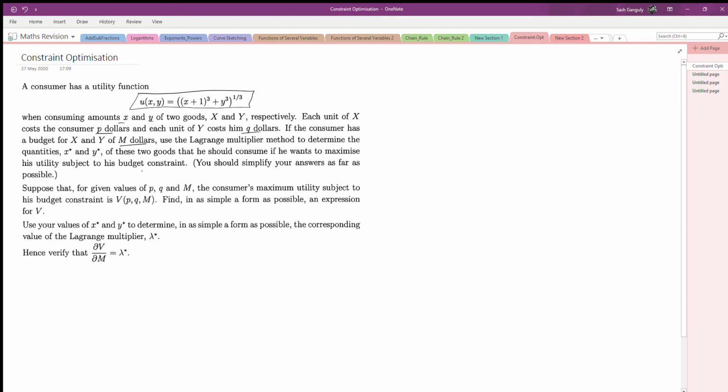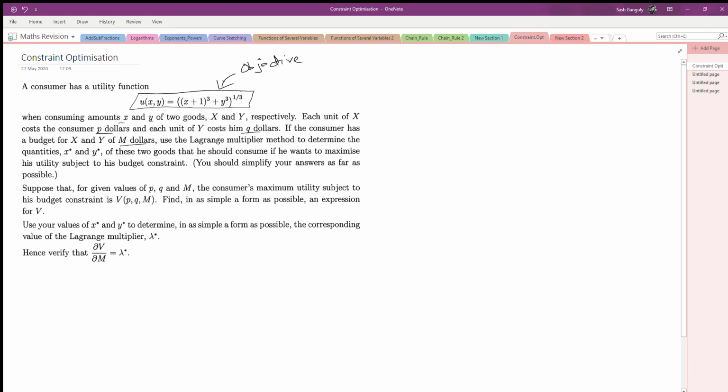All right, fair enough. So clearly, to optimize my utility, this becomes my objective function, because that is something which we need to optimize, right? And subject to the budget constraint. So what is the budget constraint?